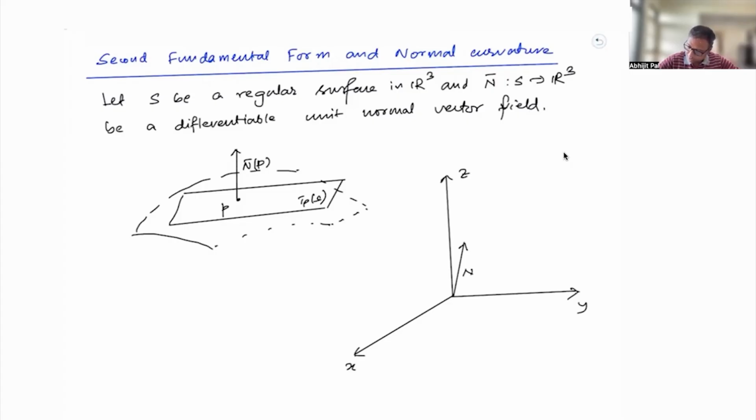This vector is the same as the vector N bar P, but here it starts from P, and now we have translated it to the origin.